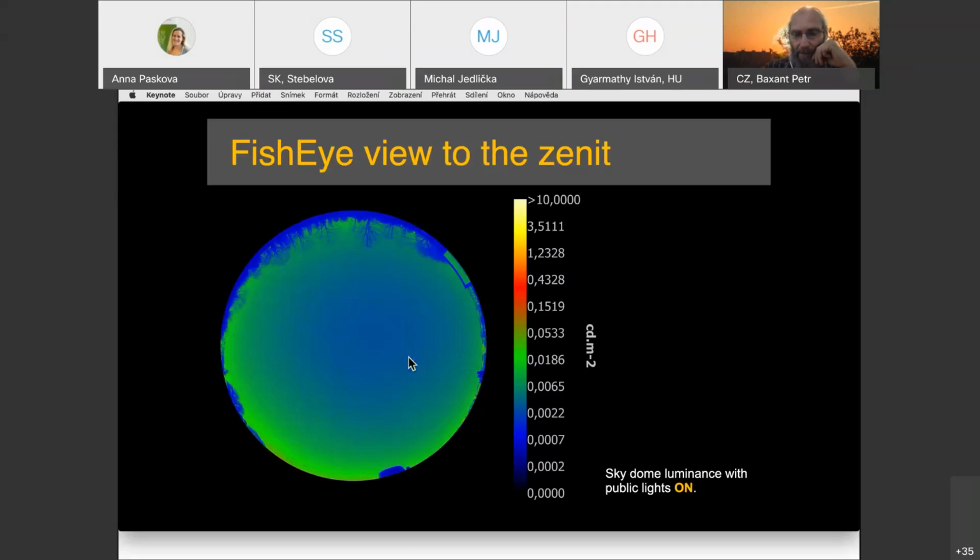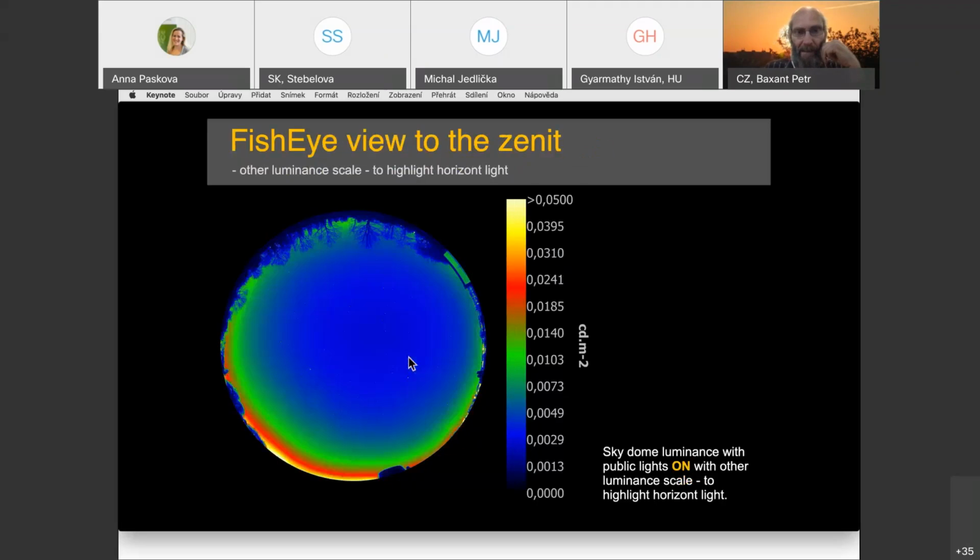So the sky dome luminance increases, but in this scale the difference is not so obvious. But if we calculate it to a number, we can find some ratio between the switch on and off, and the increase of the luminance of the sky. Maybe it is better in another scale.